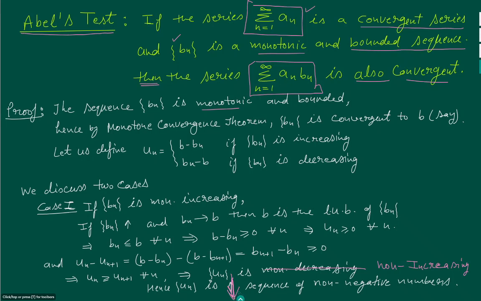So Un is a decreasing sequence of non-negative terms, non-negative because of this. So Un is a decreasing sequence of non-negative numbers. Is this clear?